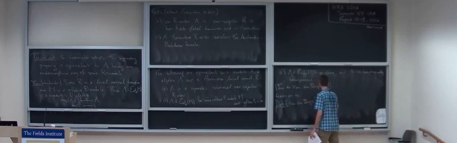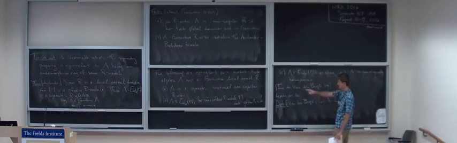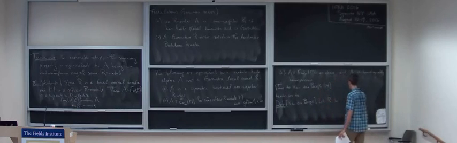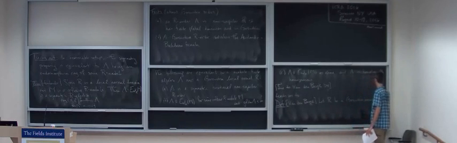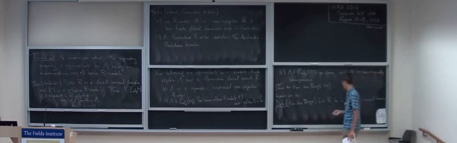Let R be as in the middle board, so a Gorenstein normal domain. He doesn't assume local.